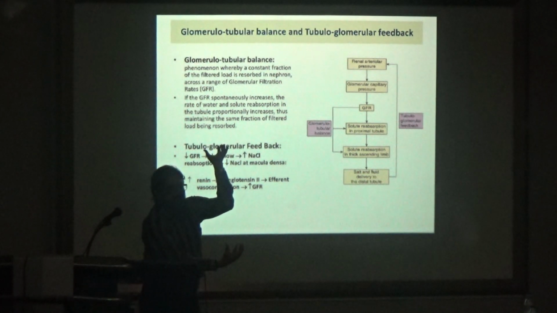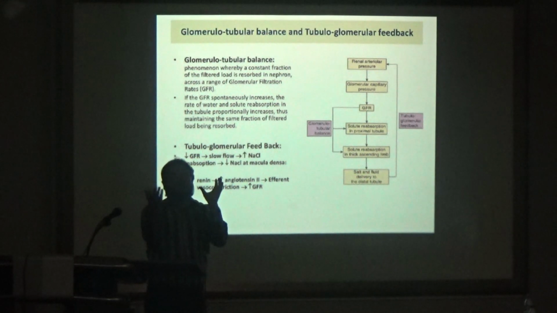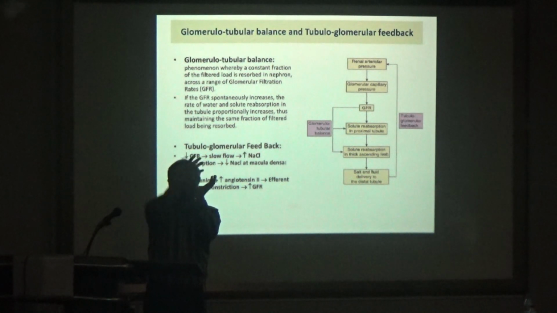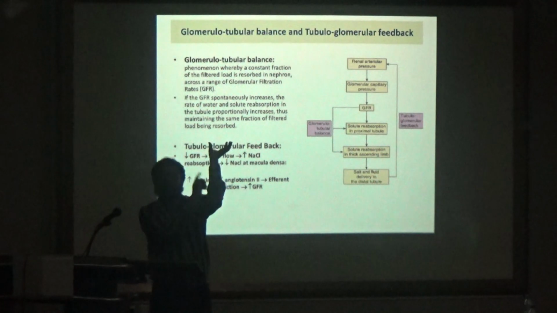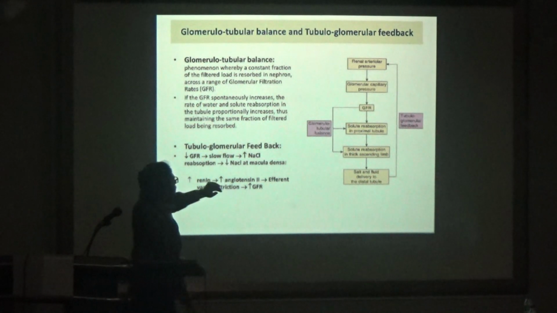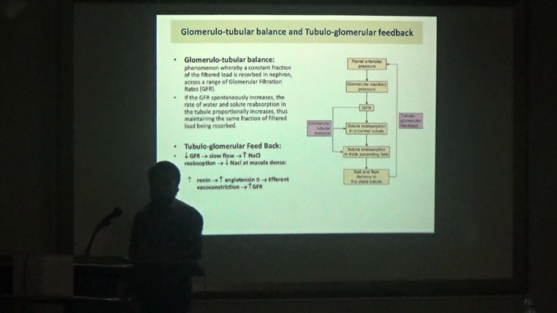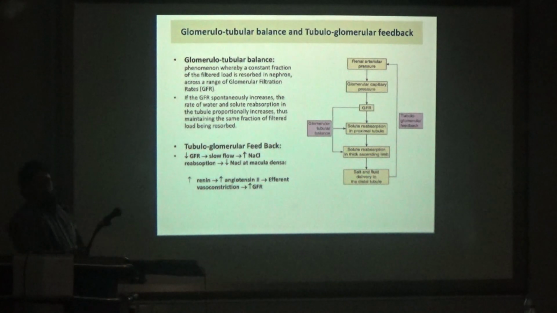Amount of urine produced would be the same. So this is kind of a feedback. Whenever the GFR is more from the glomerulus, it increases the reabsorption rate from the tubule. That's why it is called glomerular tubular balance.